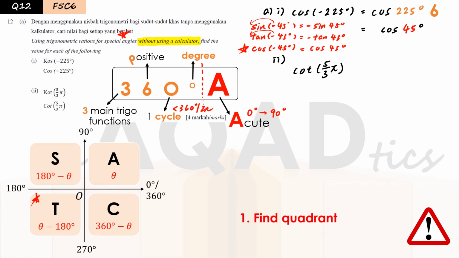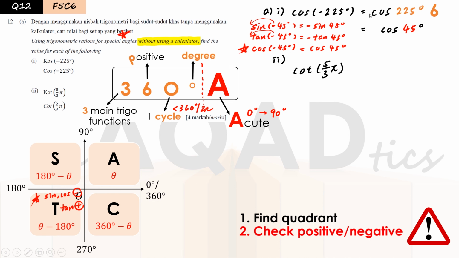The other thing we need to do is check whether the value here is positive or negative in the third quadrant, or section T. Section T means that tan is the only trigo function which is positive, meaning sine and cos are negative.